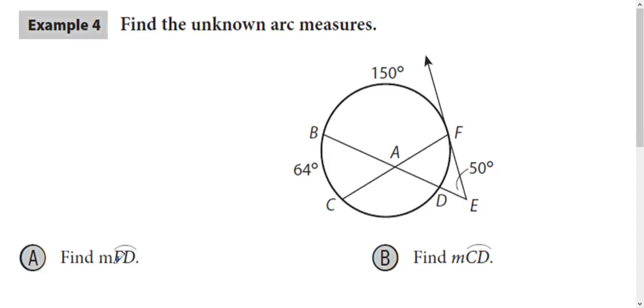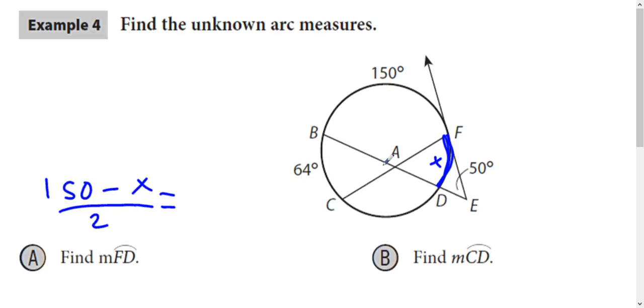So to find the measure of arc FD, this arc right here, we do have the angle out here, which will be big arc minus little arc divided by 2. So we can take the big arc, which is 150, minus the little arc, which is, actually, we don't know the little arc there. That's x.